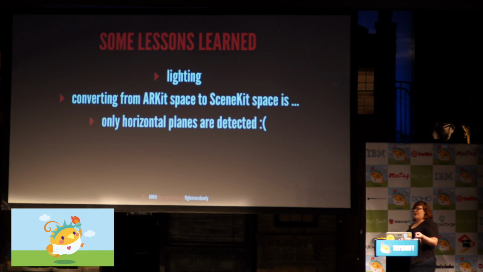And then right now, as you saw, we were detecting horizontal planes, and that's for a good reason. They're the only thing that Apple has baked into ARKit for detection. So I really hope that they enable vertical plane detection, and not only that, but for us as developers to be able to provide more complex models, because the Vision framework and also CoreML is now a thing.